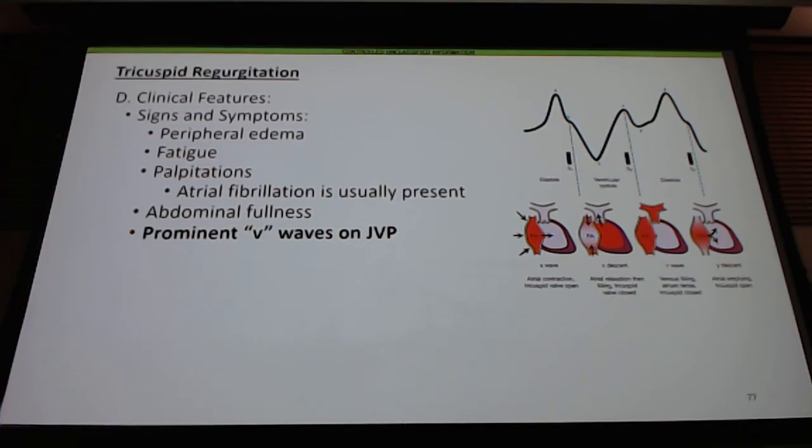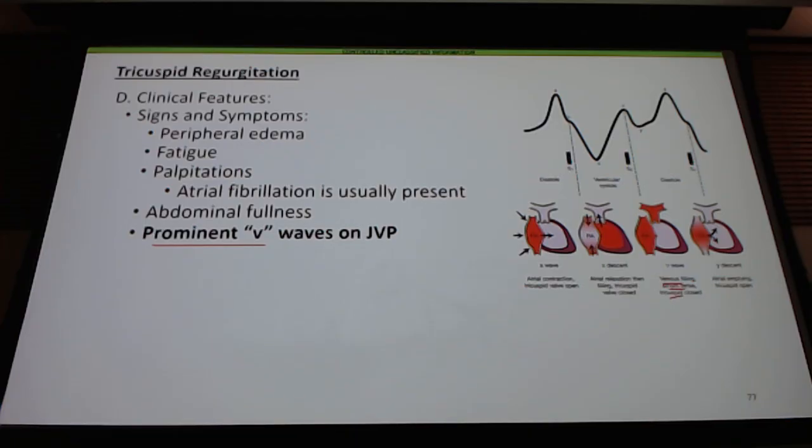We left out talking about our physical exam. We talked about the murmur, but one additional thing that you're going to see with tricuspid regurgitation, if we're looking at that jugular venous pulsation wave, is you get a prominent V wave. The V wave is right towards the beginning of diastole after the aortic valve is closed. Typically, this is a venous filling with the atrium tense, so it's full.